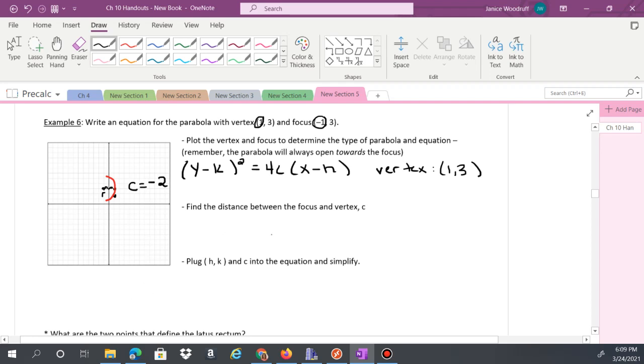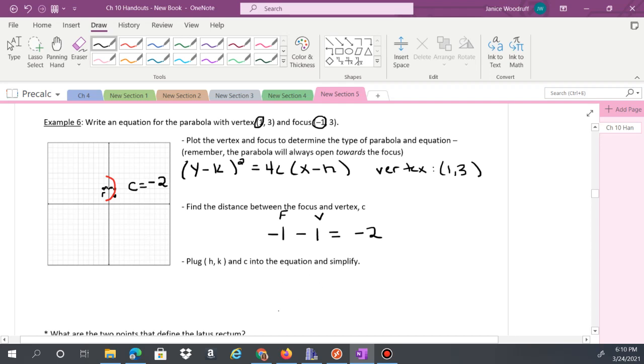But if you wanted to do this the other way, you could go -1, so the focus minus the vertex. If it were up and down, it would be the y values. The other values will be the same, so that can clue you in. So you could do that algebraically as well.